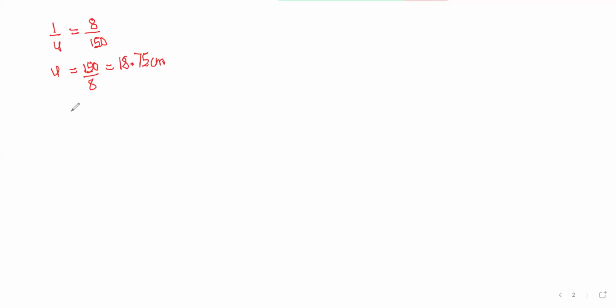Okay. So compare what you have with F. F is 30. So clearly, since U is less than F, we are expected to have a virtual image. Then the second question asks that we find the height of the image.